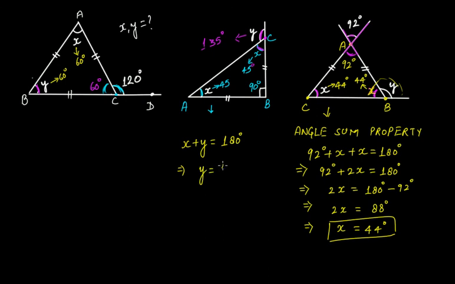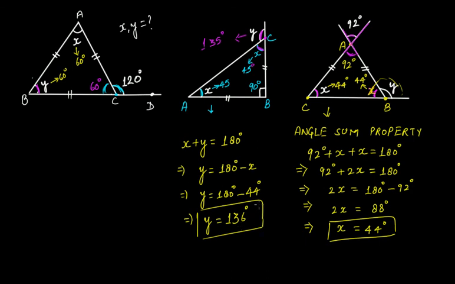So y is equal to 136 degrees. Okay, so we have got this value and this value. So x and y, both the values we have.